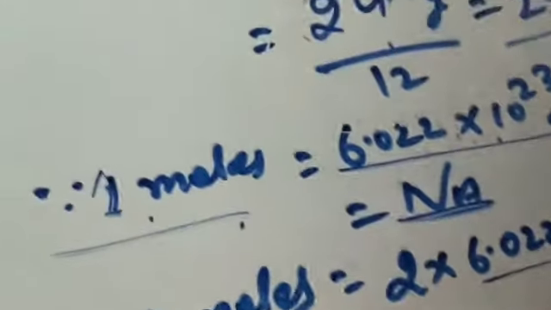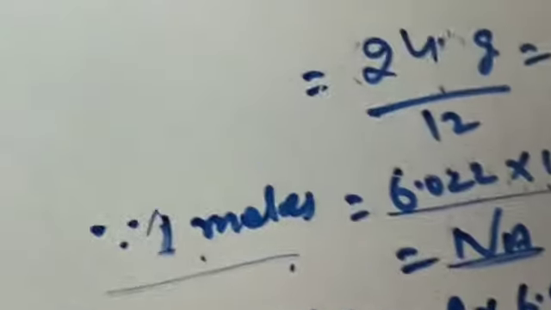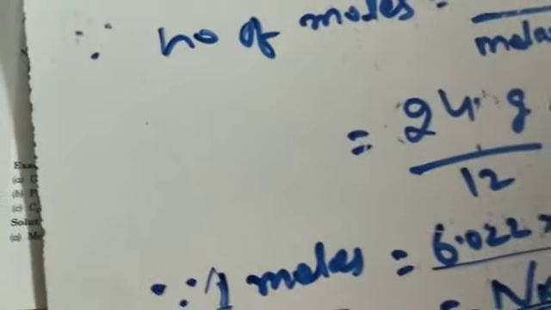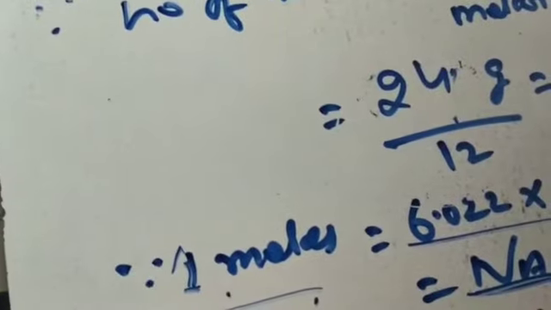In this way you find the number of carbon atoms present in 24 gram of carbon. In this way we can solve such types of questions very easily if asked in your exam. Now I am providing you a new type of question. Focus on it very sincerely.